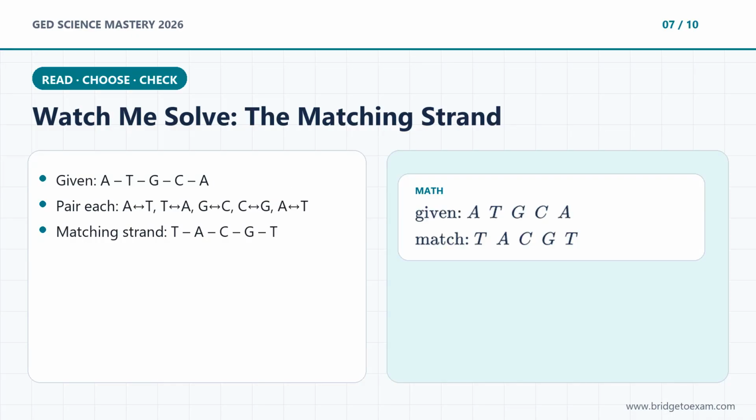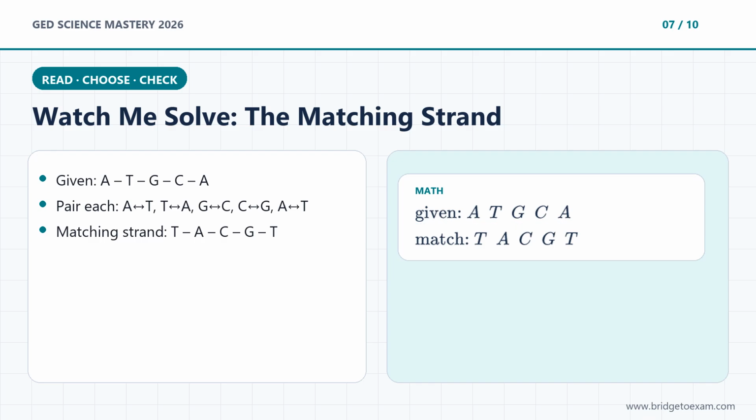Let's use the pairing rule on a real question. A short strand of DNA reads ATGCA. Find the matching strand. Read, the given strand is ATGCA, and the rule is A with T, C with G. Choose. Pair each base in order.